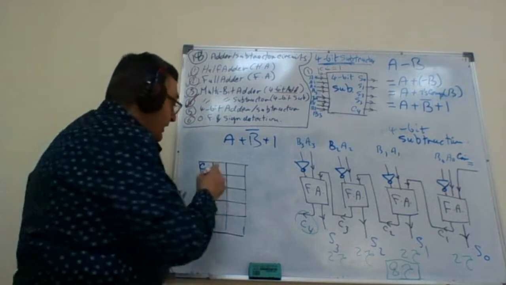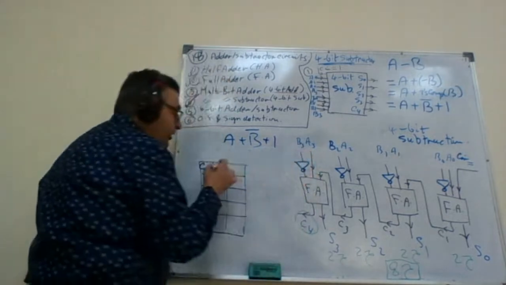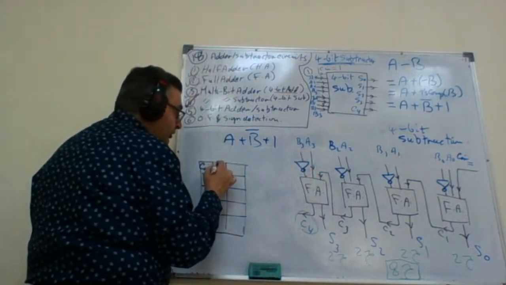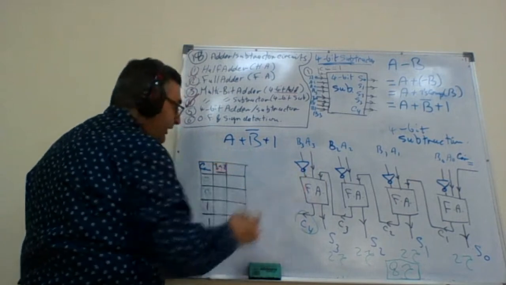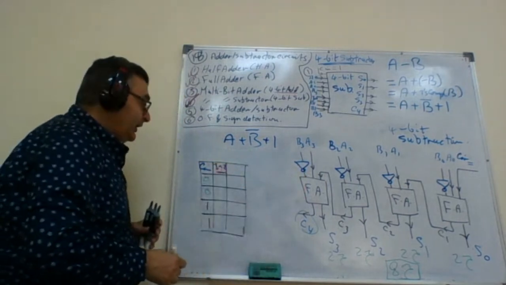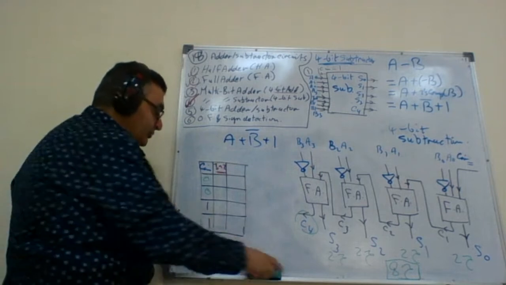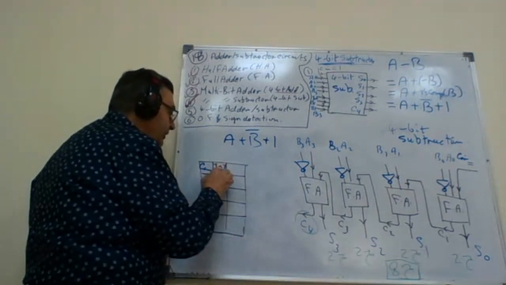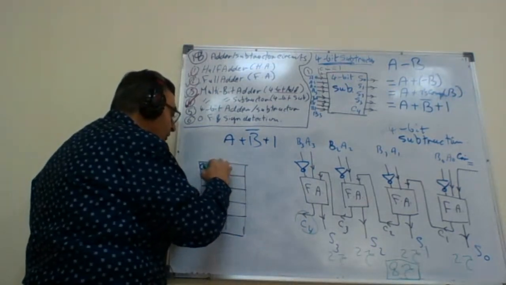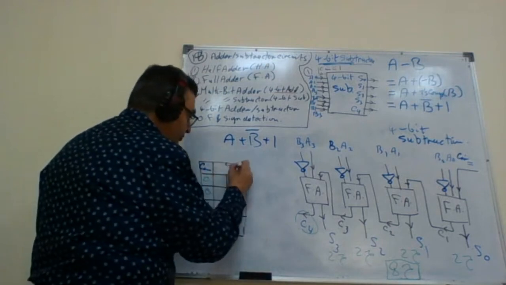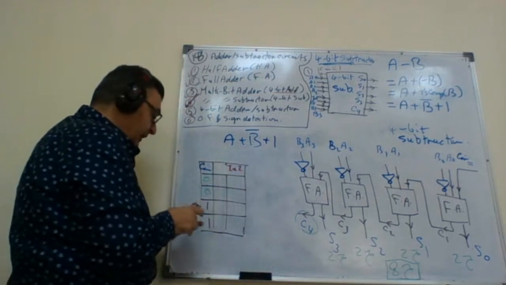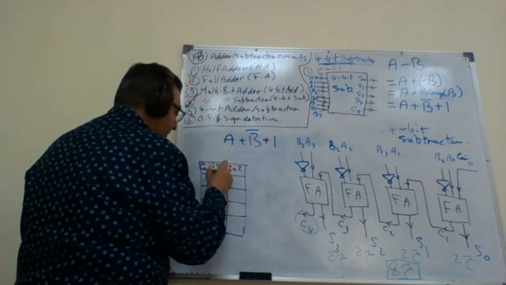Correct? The second input, in2, for the full adders, I need it to be B.